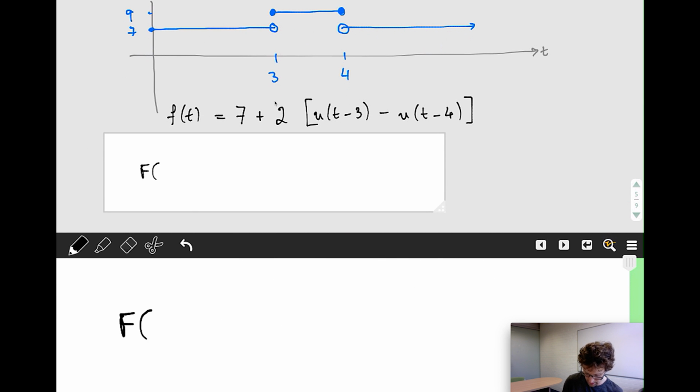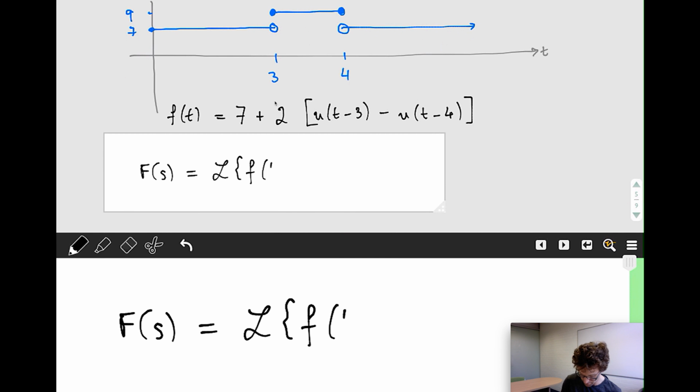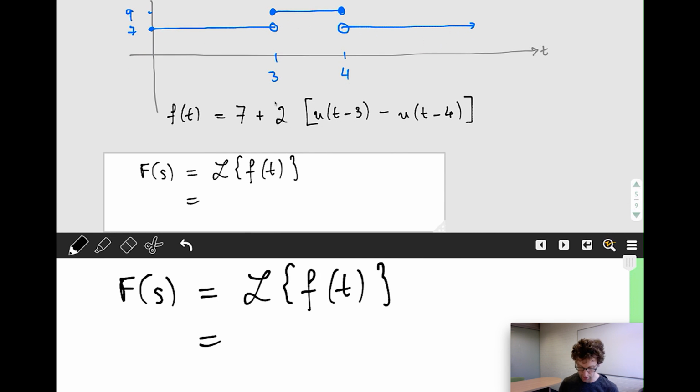We're going to define big F of s as the Laplace transform of f of t. Again, we're going to take advantage of the fact that the Laplace transform is a linear operator, which means that I can take this function of t and split it up into its constituent parts.